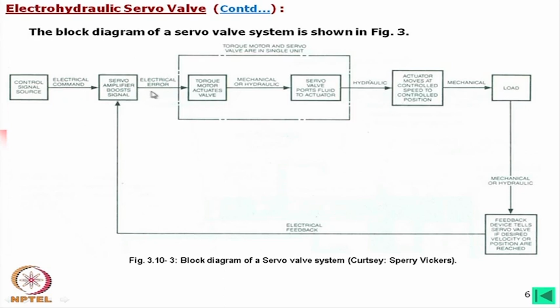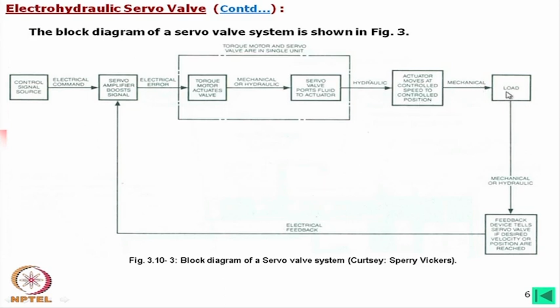From there, again some error may be there, then it goes to the torque motor, and then mechanical or hydraulic, we find the servo valve ports, fluid to actuator, then again hydraulic, and then the actuator moves at controlled speed to controlled positions.